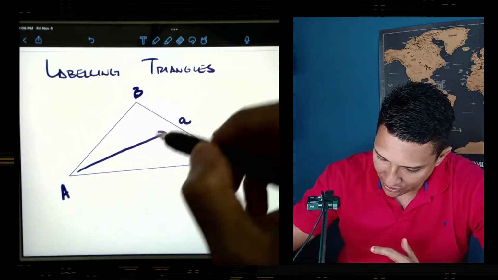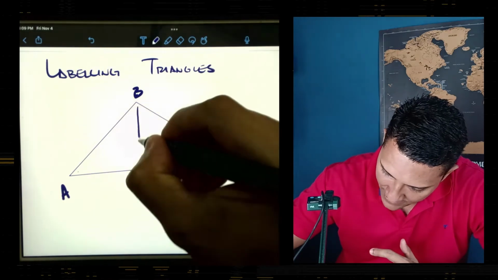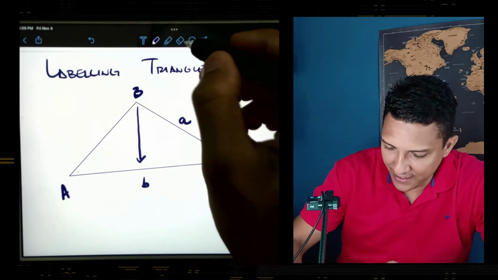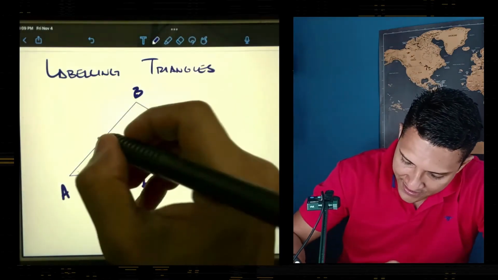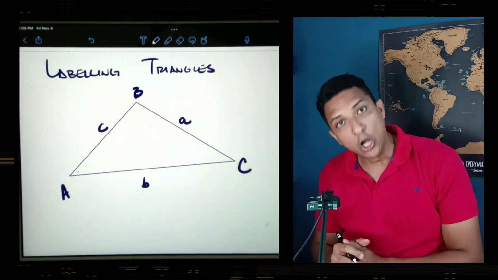If we follow that same logic with B, the opposite side to B is this one, so we'll label it as lower case b. And I imagine that you already got this. The opposite side to C is going to be lower case c. This is how we label the different sides and vertices of a triangle. Now why do we need to do this? Because the law of sines works with this labeling.